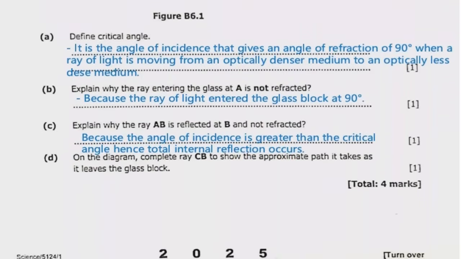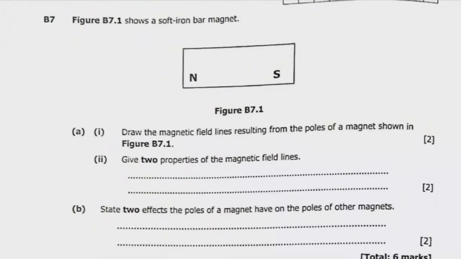We come to question 7, which is: Figure B7.1 shows a soft iron bar magnet. So we can take time and study the iron bar. Once we have studied that, we can come to question A1, which is: draw the magnetic field lines resulting from the poles of the magnet shown in Figure B7.1.